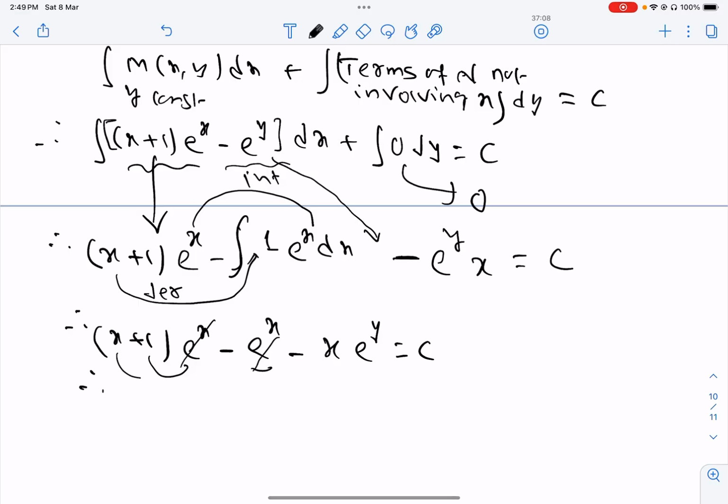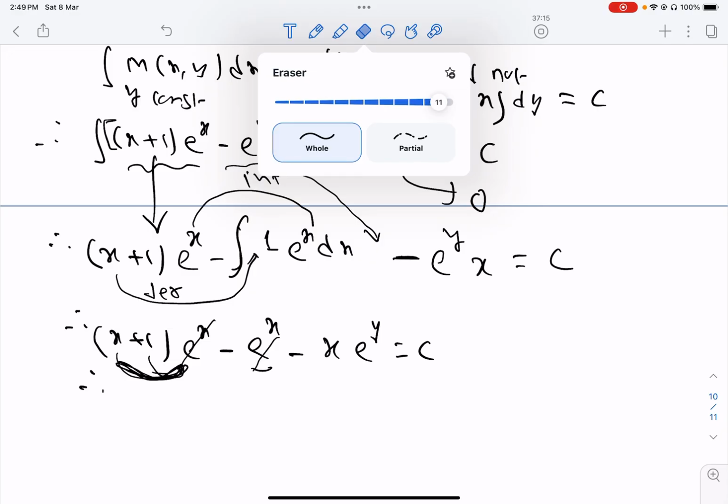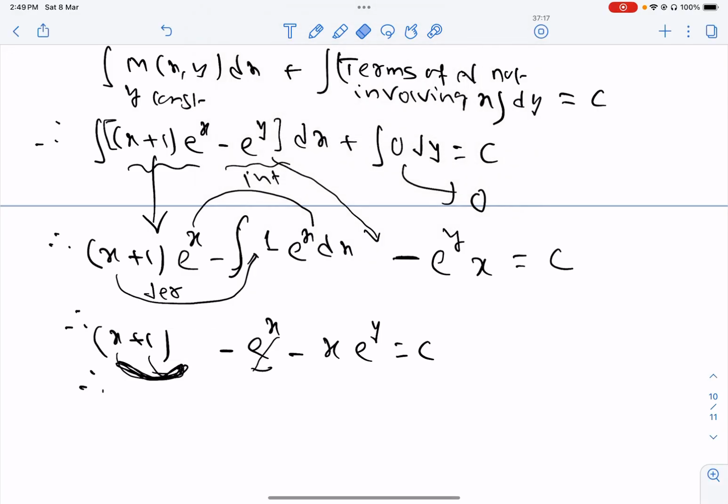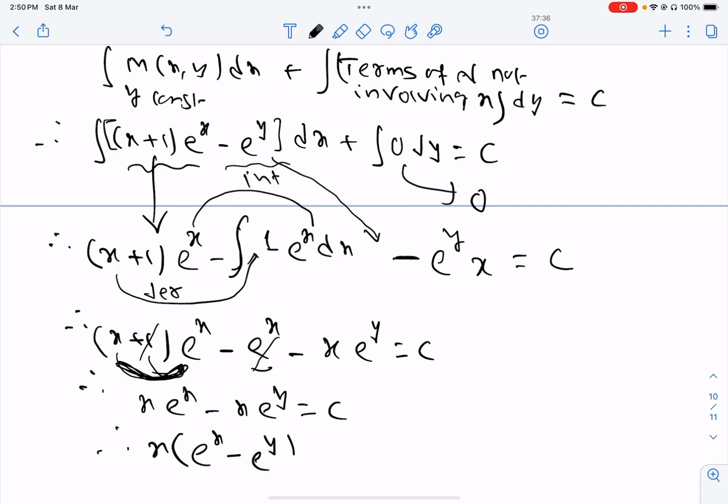So we have x e power x minus x e power y equal to c, and therefore x e power x minus e power y equal to c is the required solution.